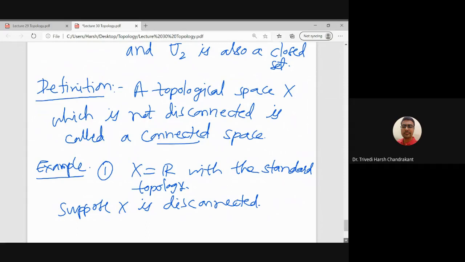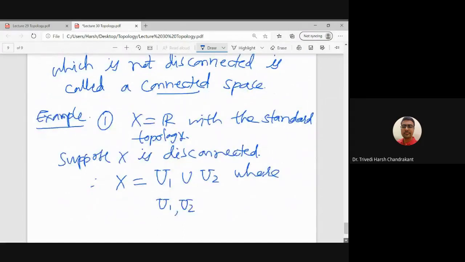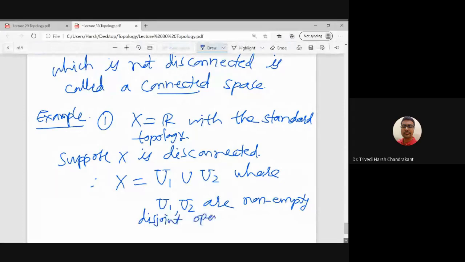Therefore I can write X as a union of U1 and U2, where U1, U2 are non-empty, disjoint, open subsets of R with respect to the standard topology.